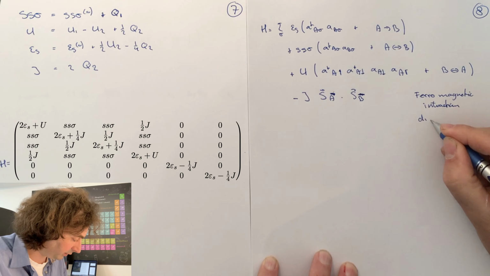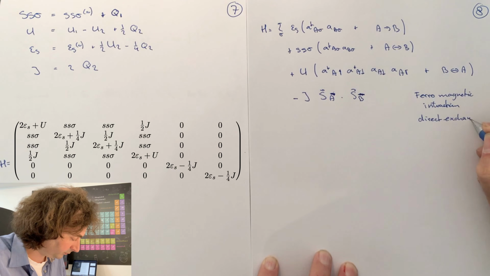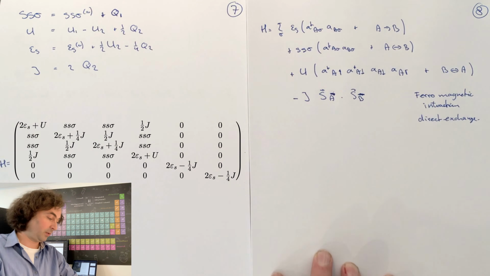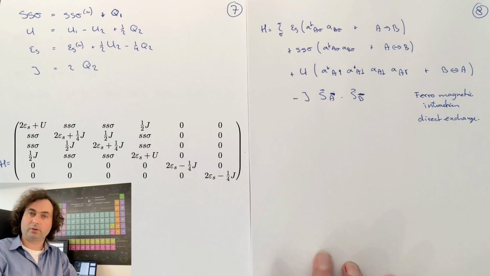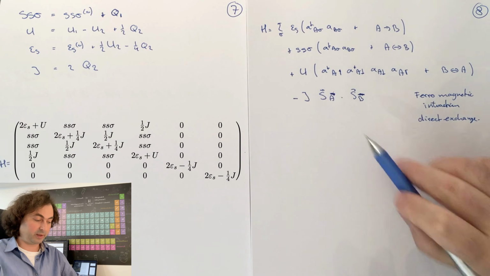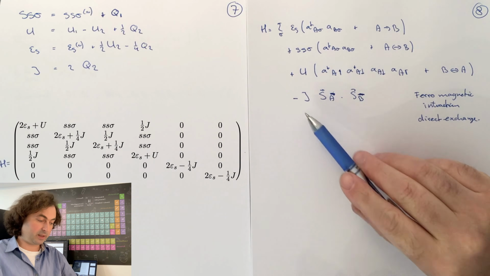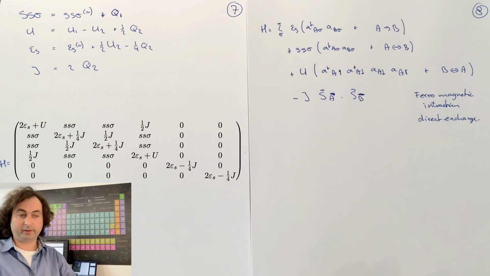And this is what we call a direct exchange. What you already see here is that purely based on Coulomb interactions, you will end up with magnetic interactions between your atoms. And in this case, this is a ferromagnetic interaction.